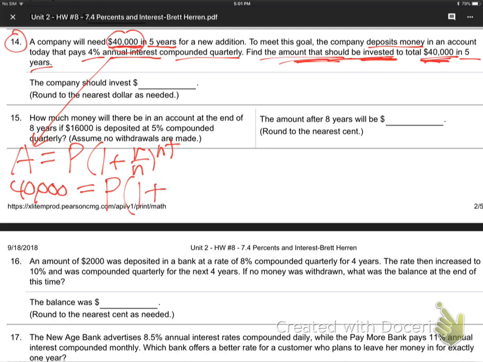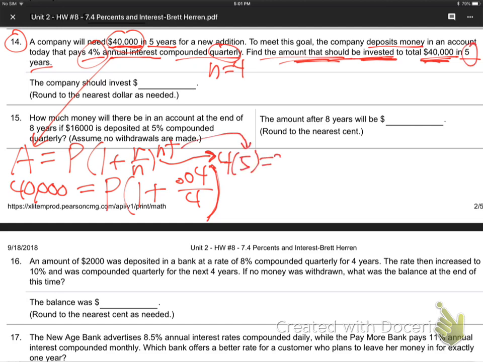1 plus R. R is 4%, 0.04, over N. Quarterly means N is 4. They compound 4 times a year, every quarter. N is also 4 right there. N's in 2 places. And T, how long is it? Oh, 5 years. T is 5. So I would just make that power 20, 4 times 5 is 20. So then what do we get?